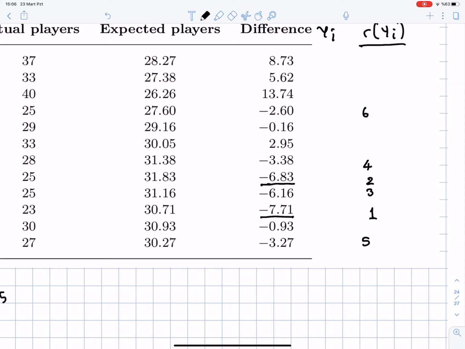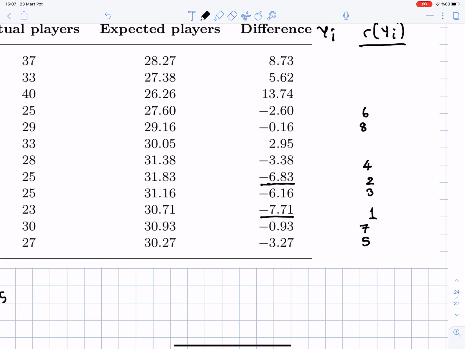And the next smallest should be minus 0.93. That is going to be 7. And the next smallest will be minus 0.16. This is in position 8, ranking 8.